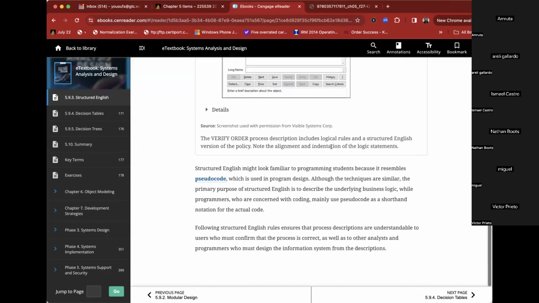But the analysts would use this as a shortcut to understanding the programming logic. Okay? Following structured English rules ensures that the process descriptions are understandable to users.